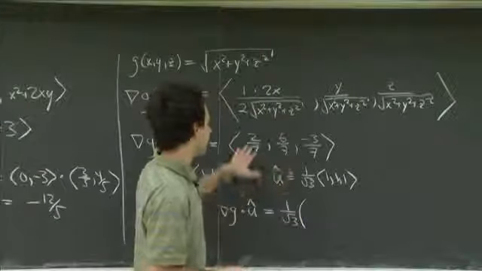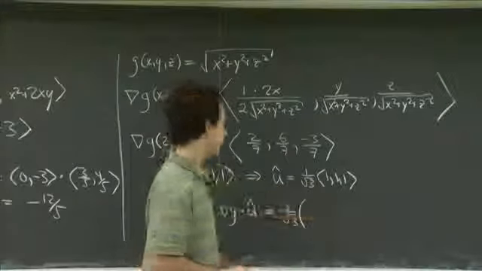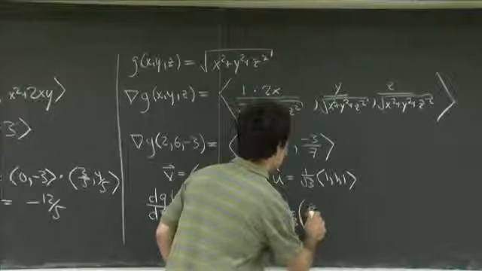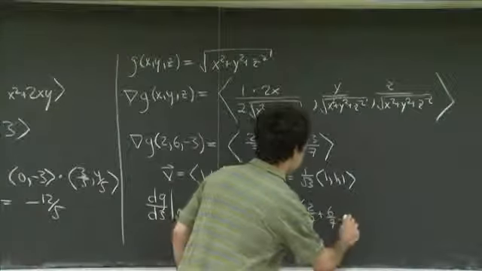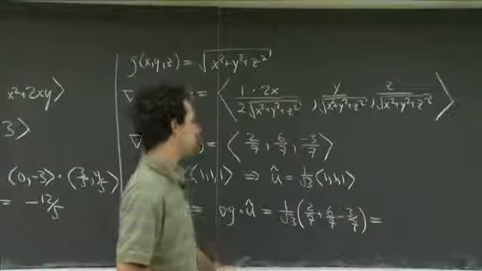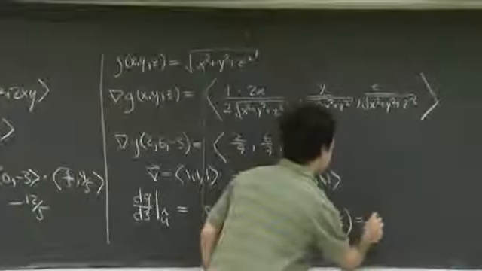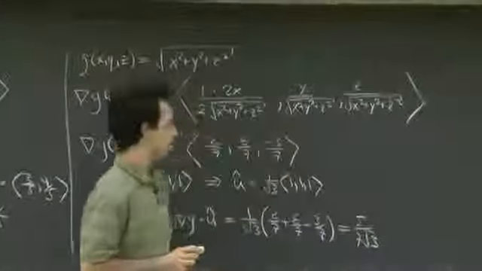Now I dot 2/7, 6/7, minus 3/7 with 1, 1, 1, and that's just going to give me 2/7 plus 6/7 minus 3/7. We can finish off the arithmetic there, and I think that's 5 over 7 square root of 3, if I didn't make any mistake.